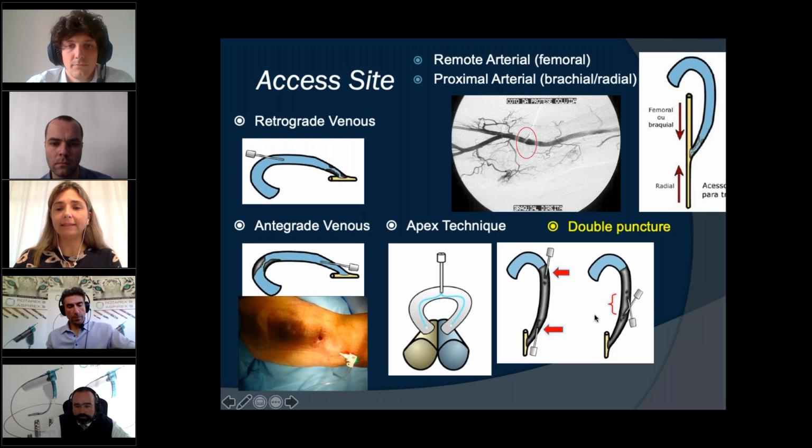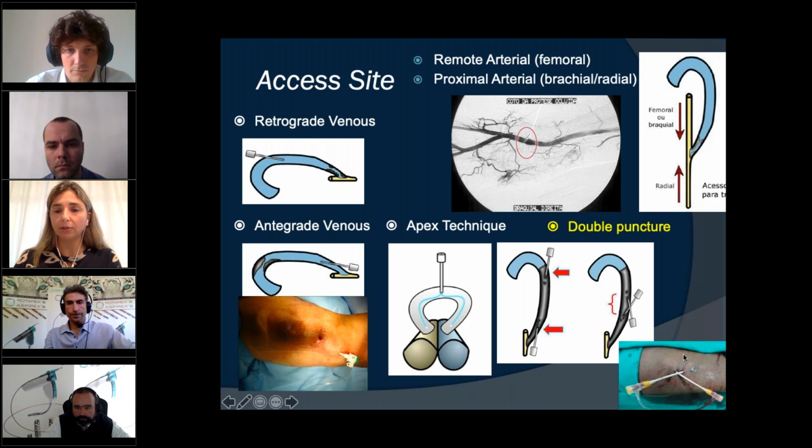Always avoid this type of double crossed puncture because you're going to miss this area of the clotting. So this is to be avoided. Always puncture as far as possible from each other.